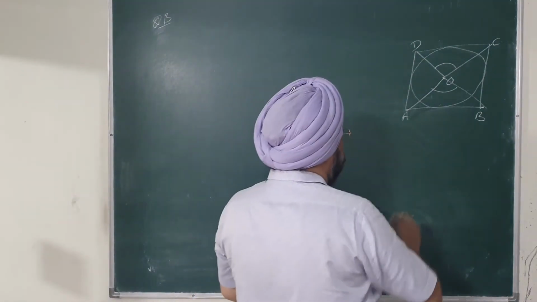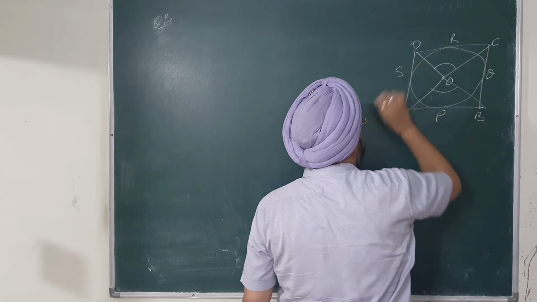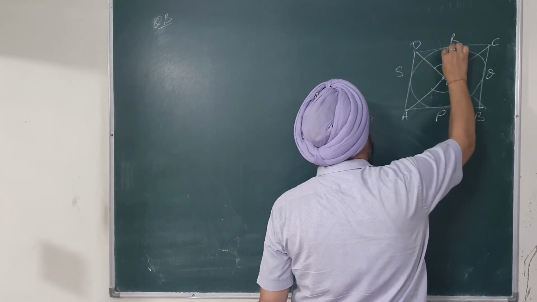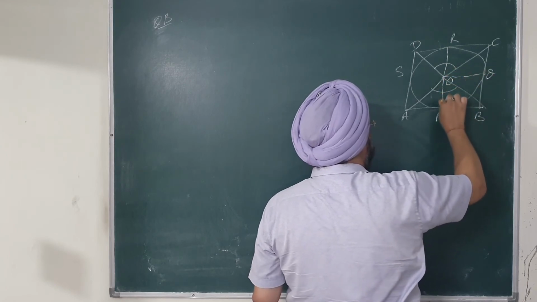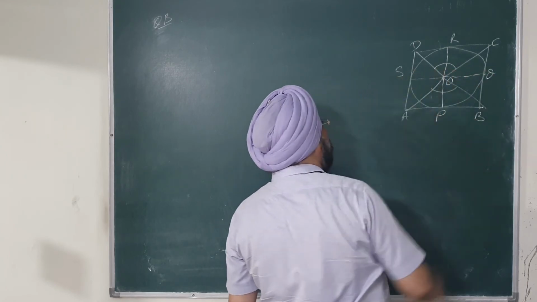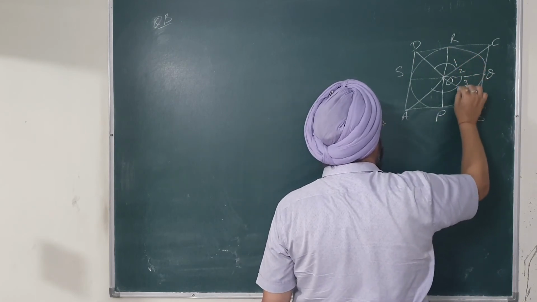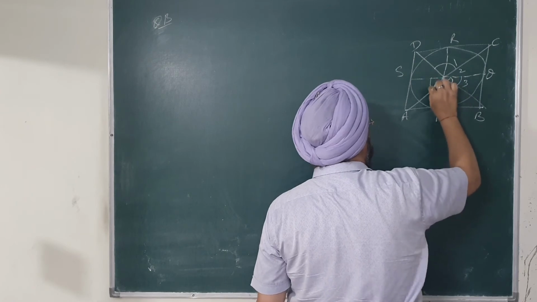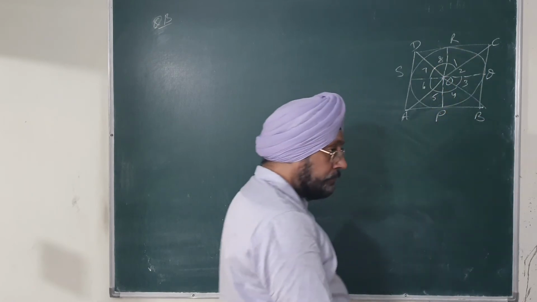So in here, let us take points P, Q, R and S. By construction, we have to join OR, OQ, OP and OS. And let these angles be 1, 2, 3, 4, 5, 6, 7 and 8.